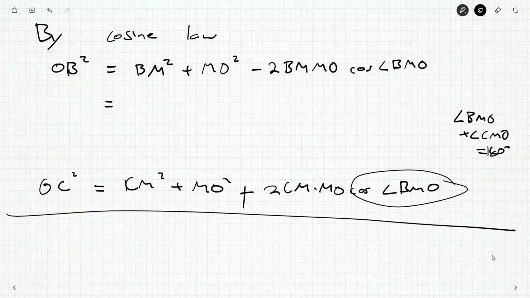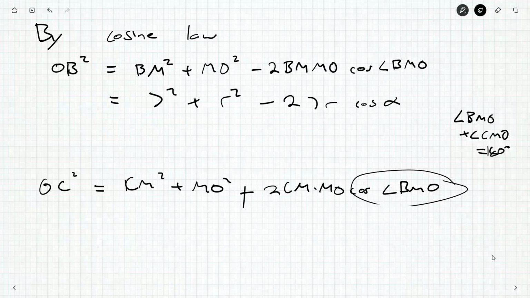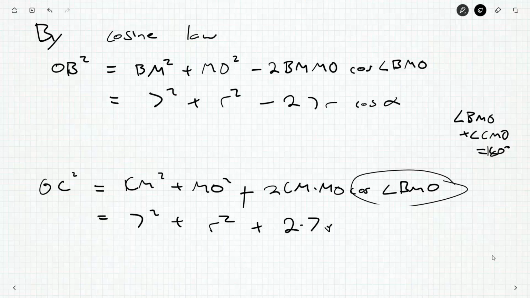So this is 7 squared plus r squared minus 2 times 7r cos, call it alpha. And this guy here, I don't know why I drew the line so early, is 7 squared plus r squared plus 2 times 7r cos alpha.